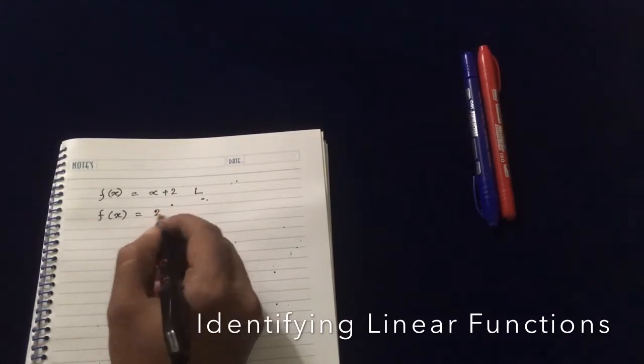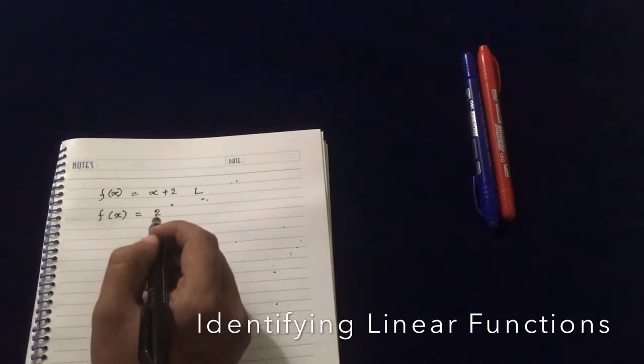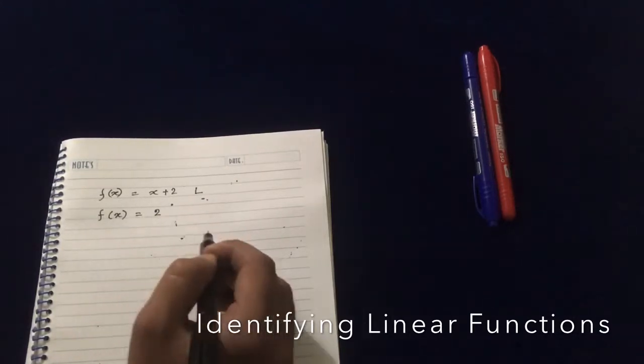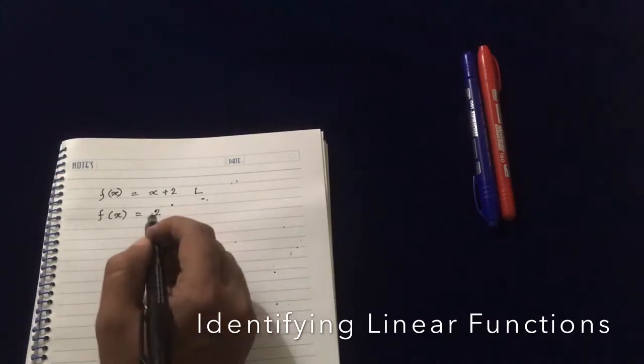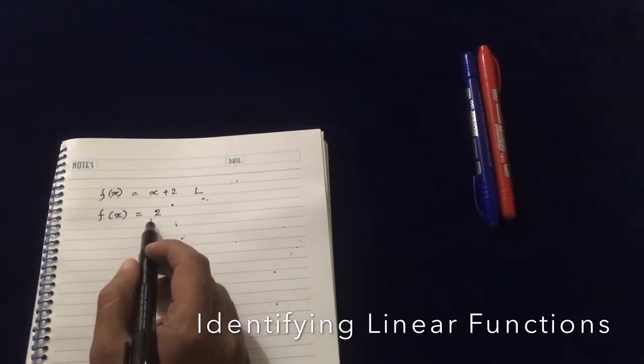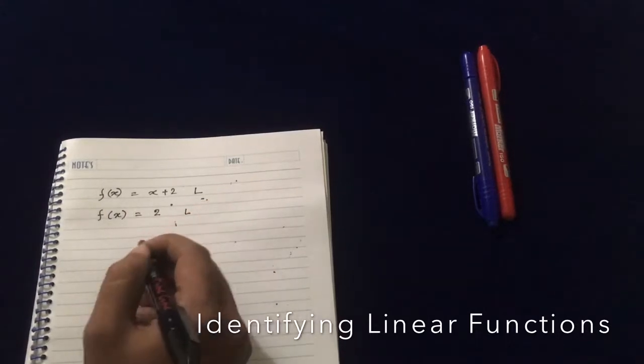If you write y equals 2, this is actually a horizontal straight line. Another way to understand it is, here the slope is 0, that's why you do not see the x here. So this is also a linear function.